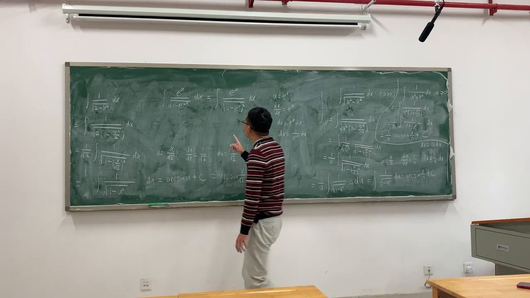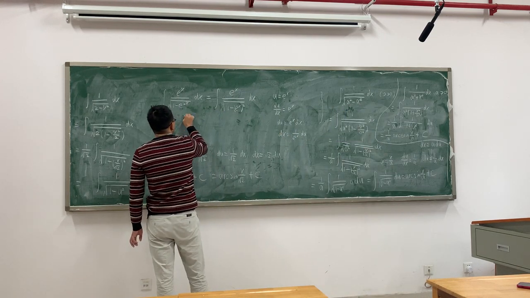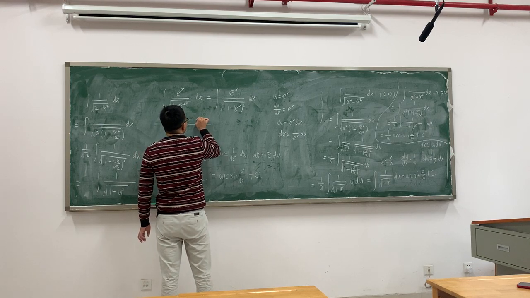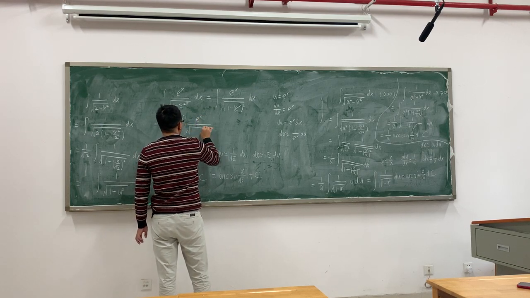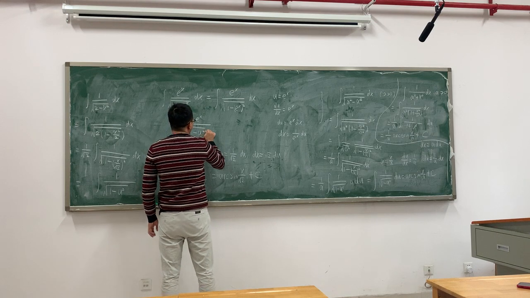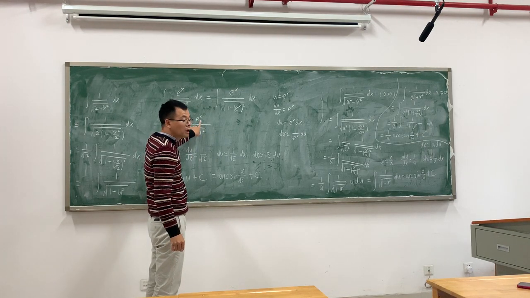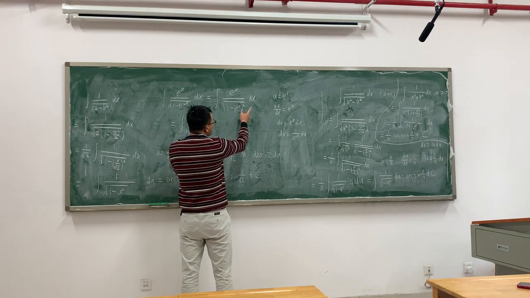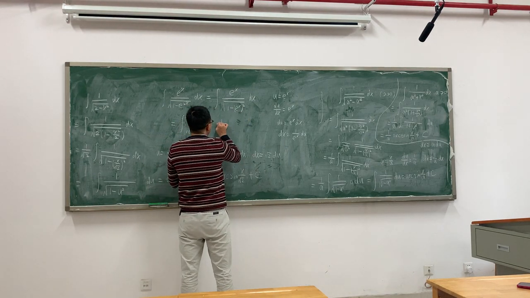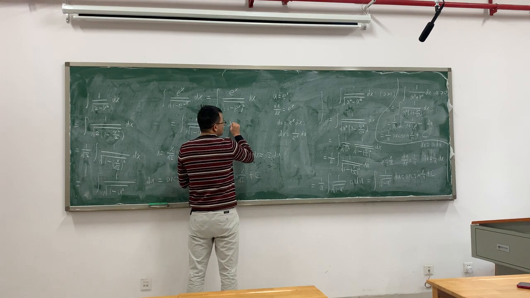So here we replace: e^x, and the square root of 1 minus u squared. Of course, you can replace e^x by u. So here, dx we replace by 1 by e^x du.